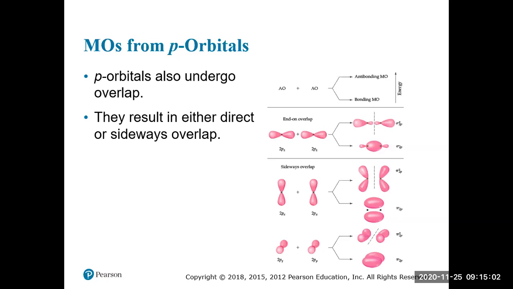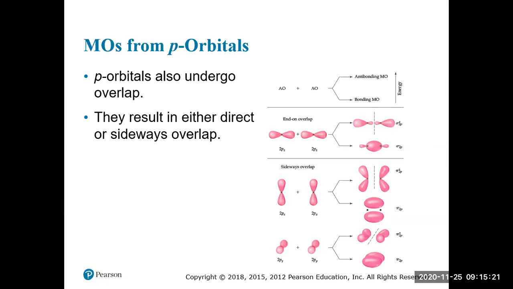So once again, that's that pi bond type lobe that we talked about when we were talking about single, double, triple bonds. And then above, we see that there is a nodal plane there as well, where there's no electron density. And so no bonding taking place.